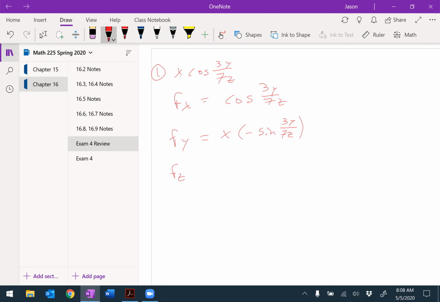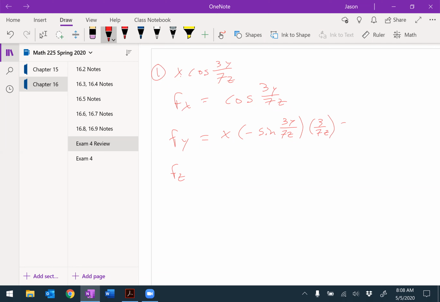Using the chain rule, I do a negative sign for the cosine, and then the 3 over 7z goes on the outside. The derivative of 3y over 7z when y is the variable and 3 over 7z is the constant just becomes the constant 3 over 7z.